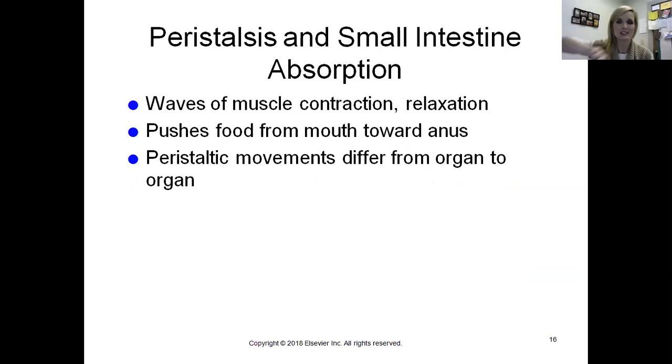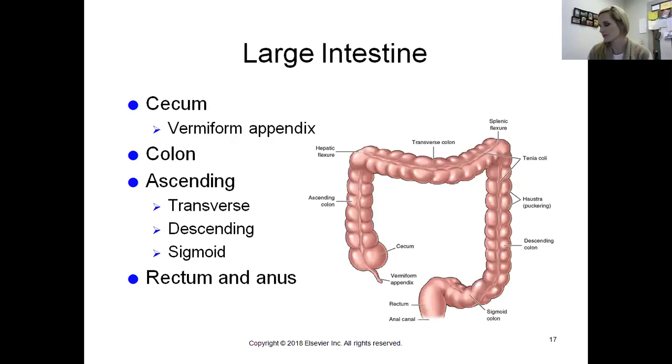The small intestines move up, over, down, around, and so we're really going to be dependent on peristalsis here, because gravity, like I said, always helps, especially in the esophagus, but because we're moving in such crazy ways, peristalsis is going to help. So that wave is going to push that forward. So it pushes food from the mouth towards the anus, but the peristaltic movements will differ from organ to organ. So definitely here in the small intestine.